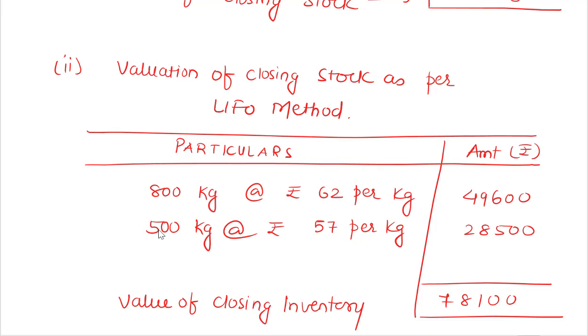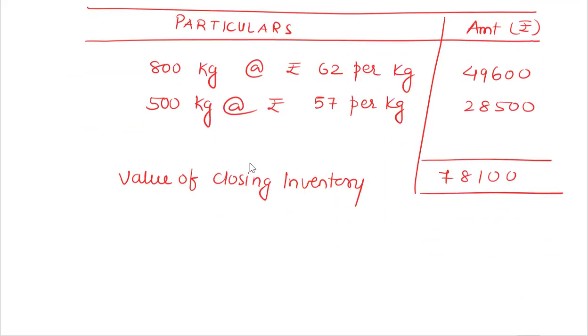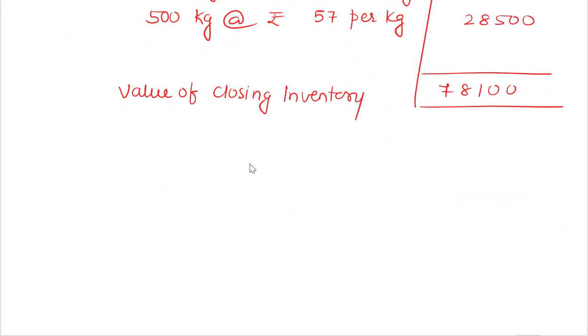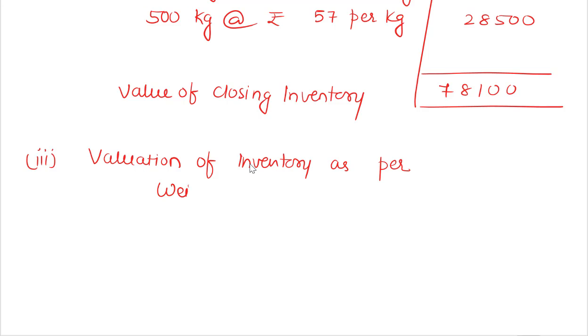Now the third method is weighted average method. Let us begin with weighted average method. Just write over here valuation of inventory as per weighted average method.